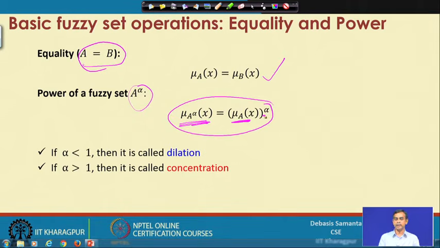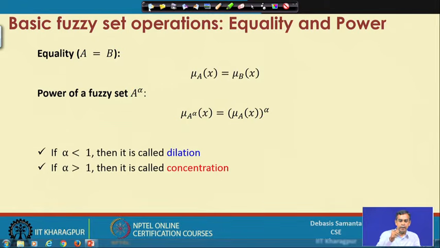So, it is an exponential operation that can be applied to each element belonging to the set X, and then we can obtain the resultant membership values of set A alpha. Now, you can note that if alpha is greater than 1, it is called concentration, and if alpha is less than 1, it is called dilation. So, these are the two operations that are possible. Right.